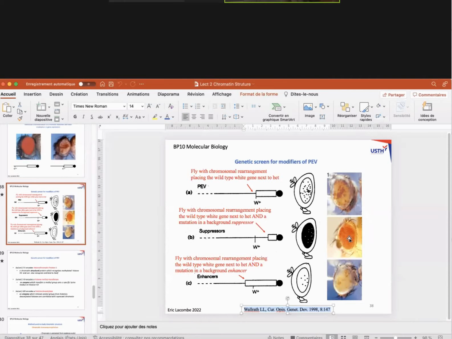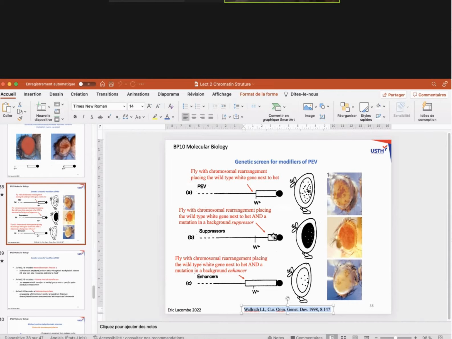You suppress this phenotype because now it's completely red, and the suppression of this phenotype is due to a reduced expansion of heterochromatin. So it means that the gene in this genetic background that has been affected by the mutation is an enzyme that is responsible for expansion of chromatin. Because when you knock it down, you reduce chromatin. Is it okay?